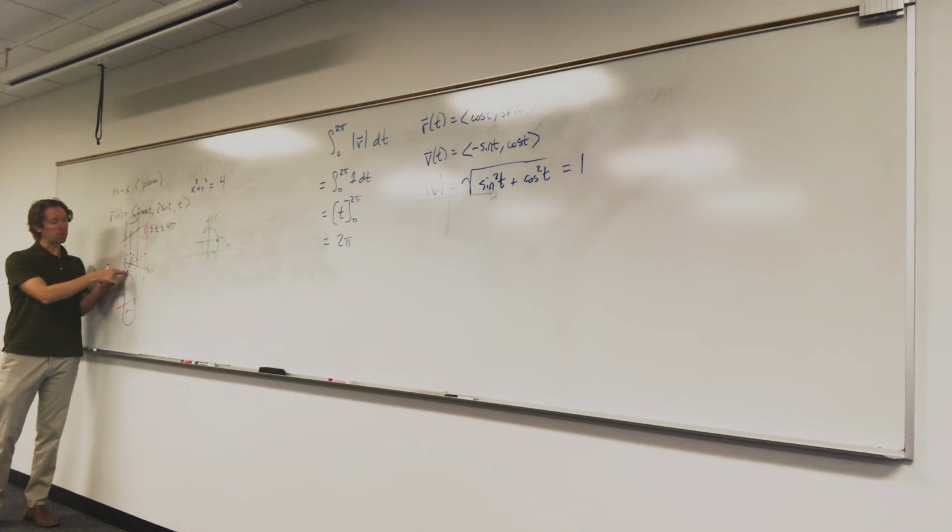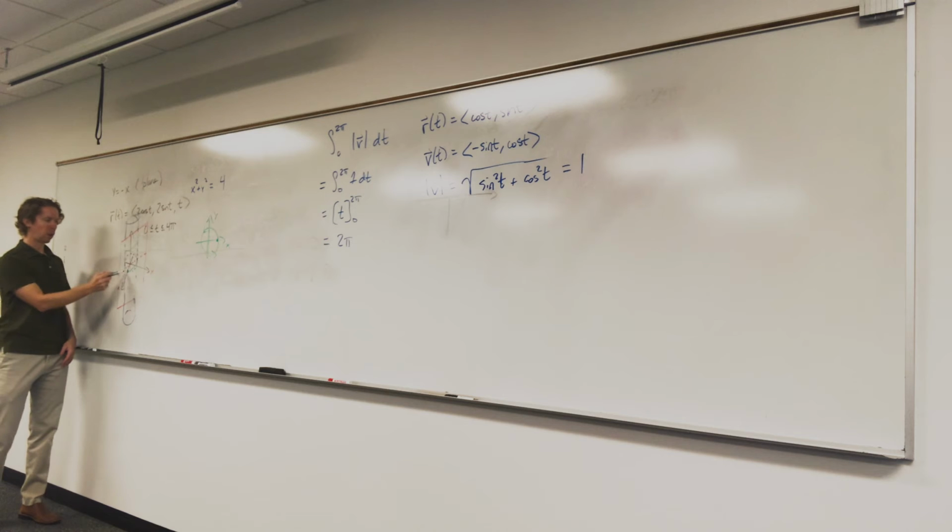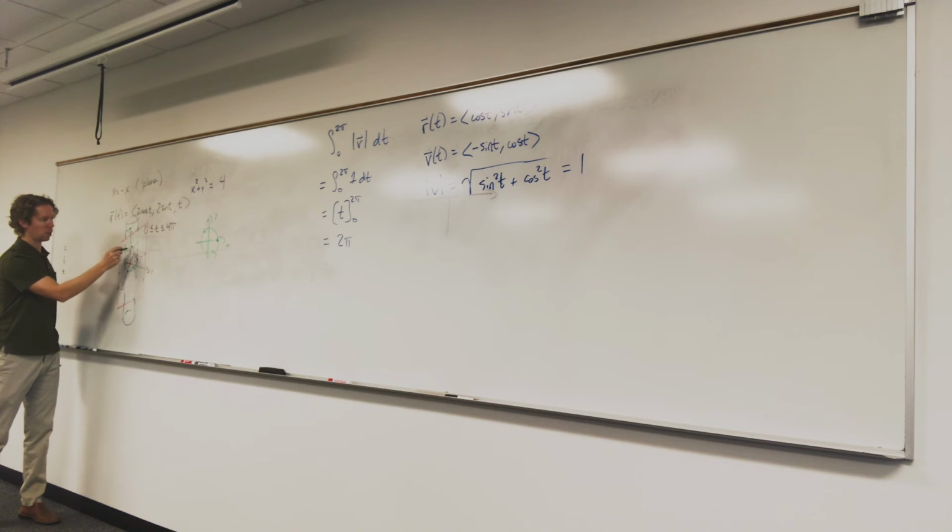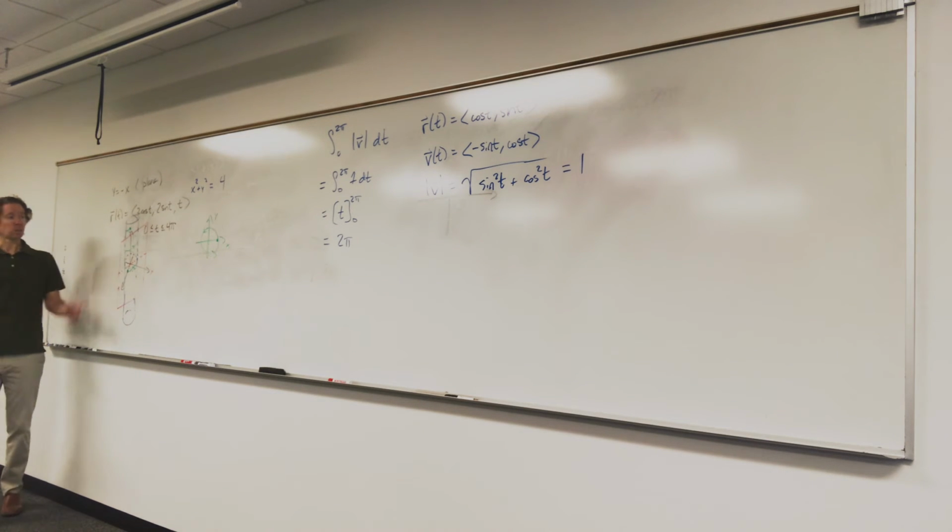But as you wrap around, the z value is going up with t. So as you start to wrap around to the y-axis, you start to go up, and then you keep going up. Here I've gone around once, I need to go around twice. So it looks something like this. So that's the curve.